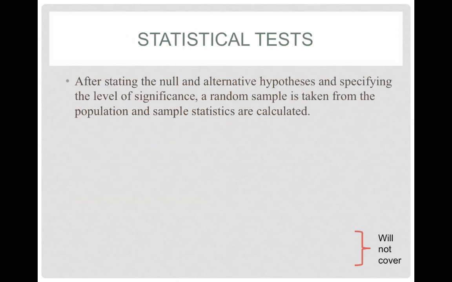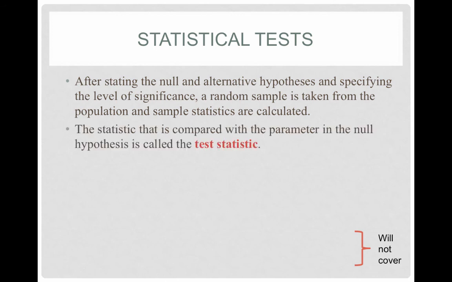After stating the null and alternative hypotheses and specifying the level of significance, a random sample is taken from the population and sample statistics are calculated. So once we state our hypotheses, what are we going to do? We're going to take a random sample and get some sample stats from it. The statistic that is compared with the parameter in the null hypothesis is called the test statistic.